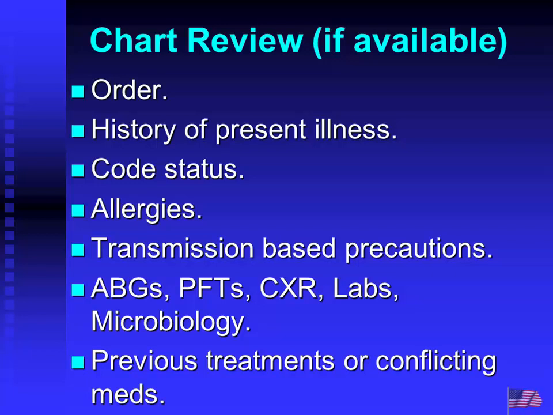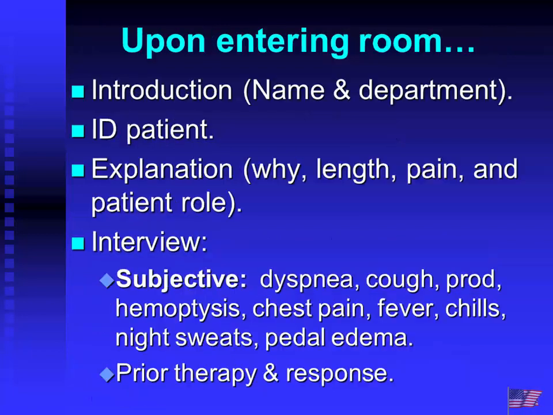Looking at any allergies he may have. Is there anything that relates as far as infection control, as far as transmission-based precautions? Doesn't appear to be, but always want to take that into account. Any kind of lab work that you may have, and any prior treatments that might have had some adverse effects, or if there's any other medications that he may be on that may come in conflict with what we're going to do. Then getting back to our standard process of going in.